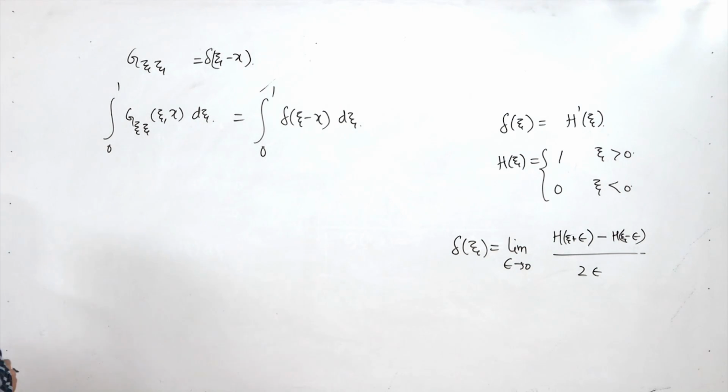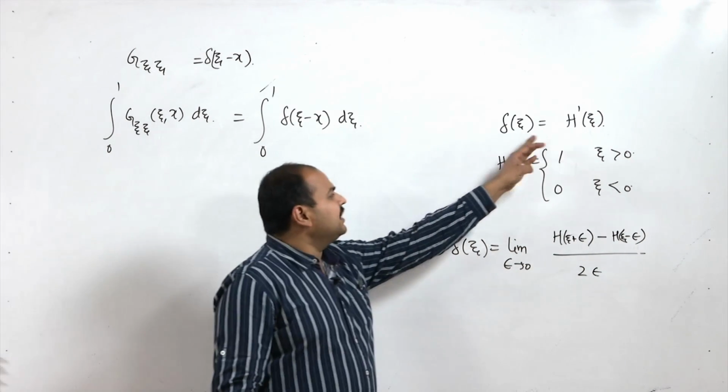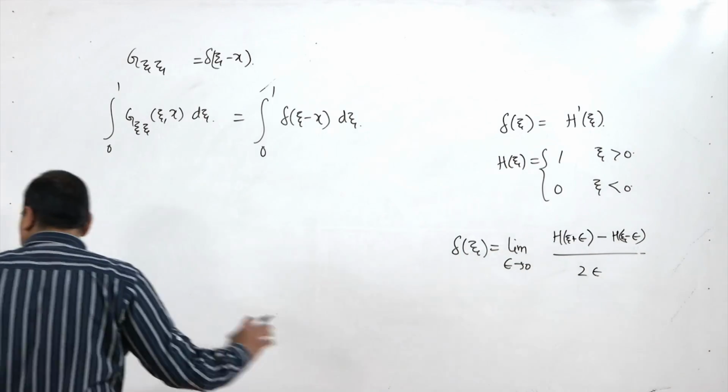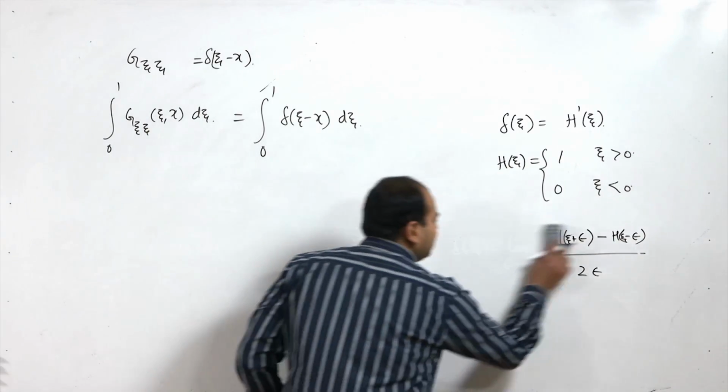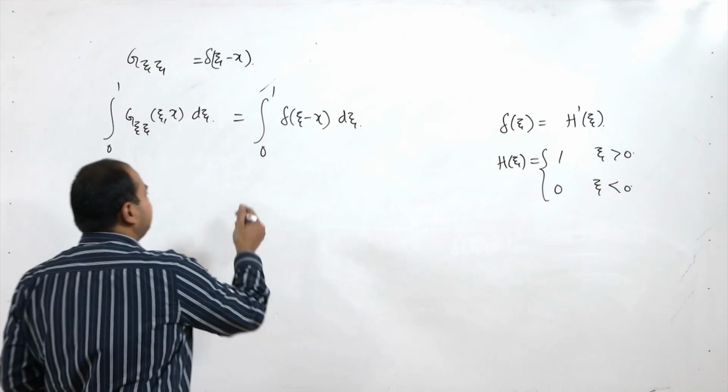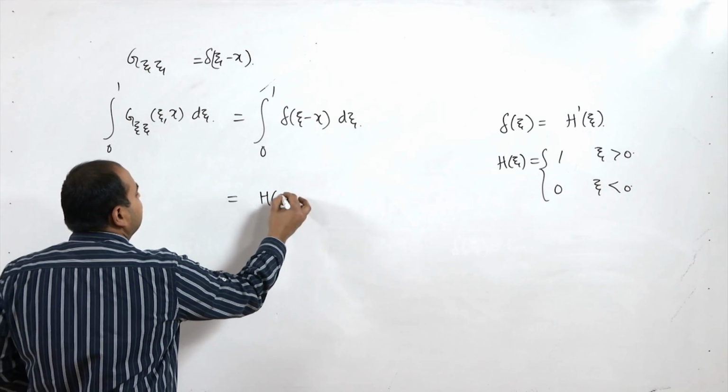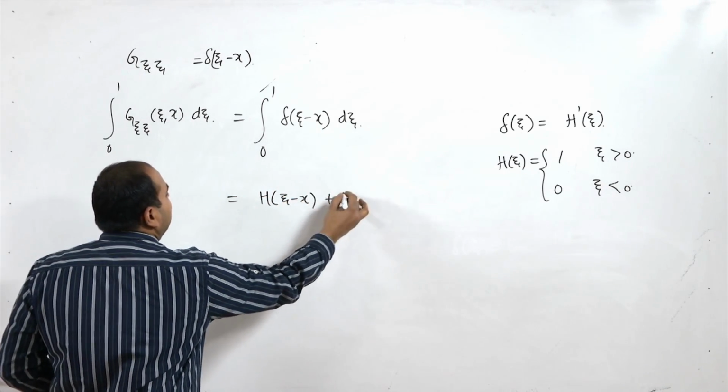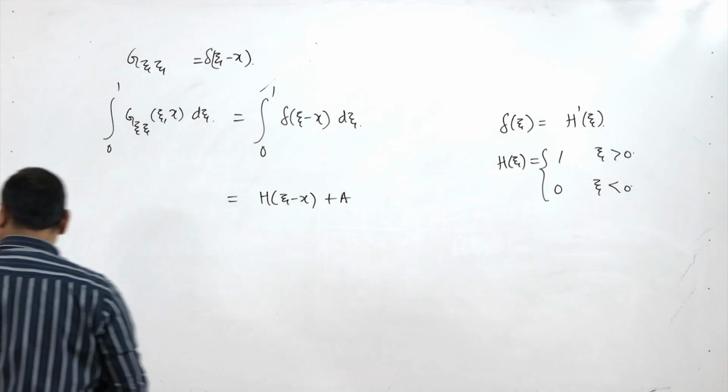So you can take this δ(ξ) as the derivative of this. So using this concept we can write this as H(ξ − x) plus some constant a.